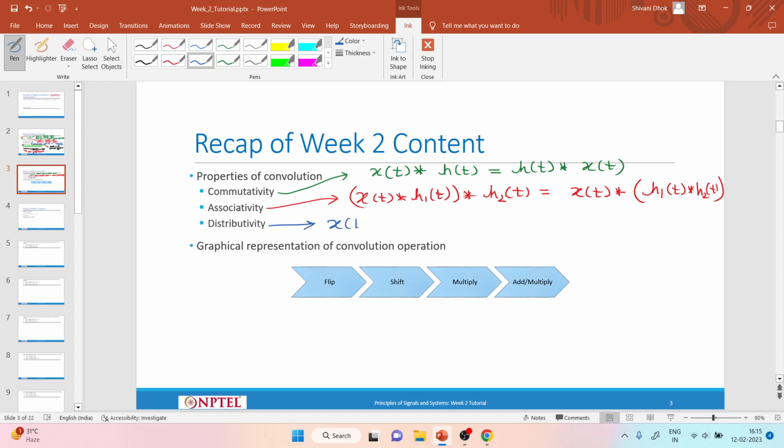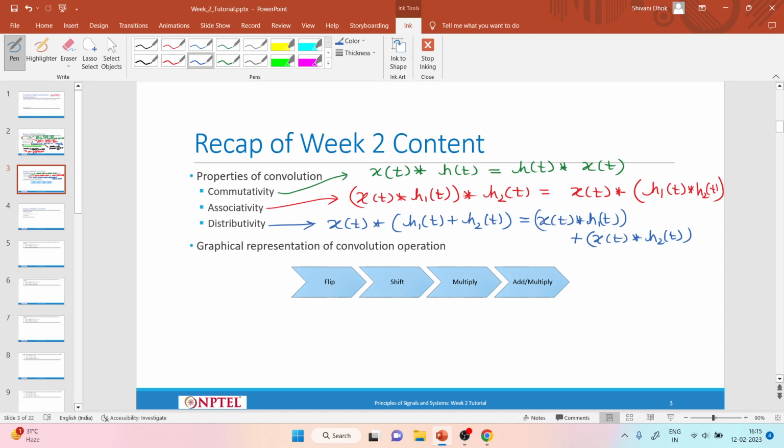If I convolve x of t with the addition of h1 of t and h2 of t, then this is equal to x of t convolved with h1 of t plus x of t convolved with h2 of t. So these are the three properties of convolution, and then the graphical representation of the convolution operation was discussed.